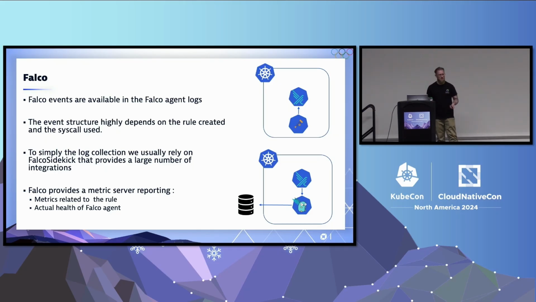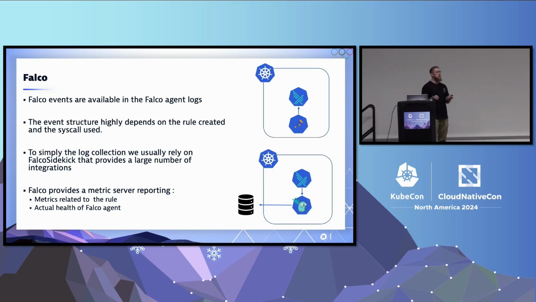That makes it very difficult. That's why we usually bring in Falco Sidekick. Falco Sidekick allows you to have different connections to different solutions on the market, and it pre-parses the content, making it an easy way. So at the end, you usually come with Falco Sidekick, because it simplifies your journey.